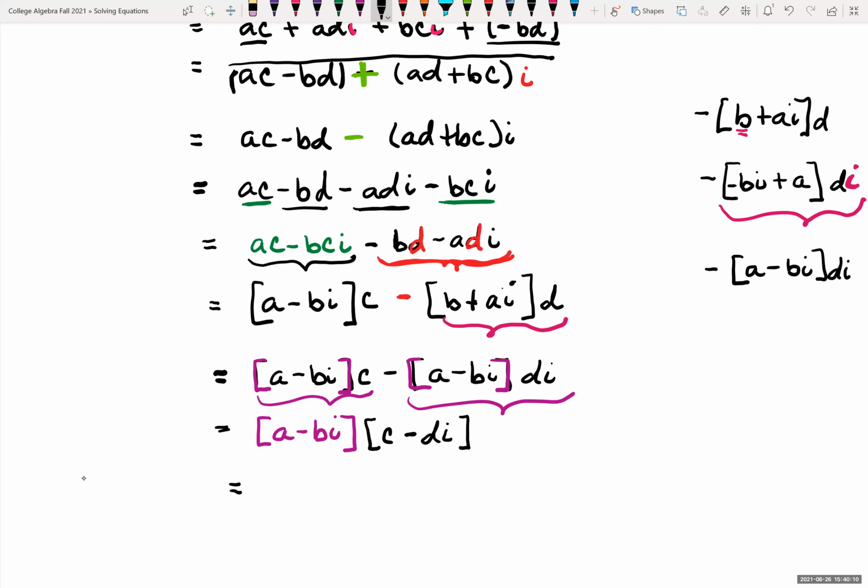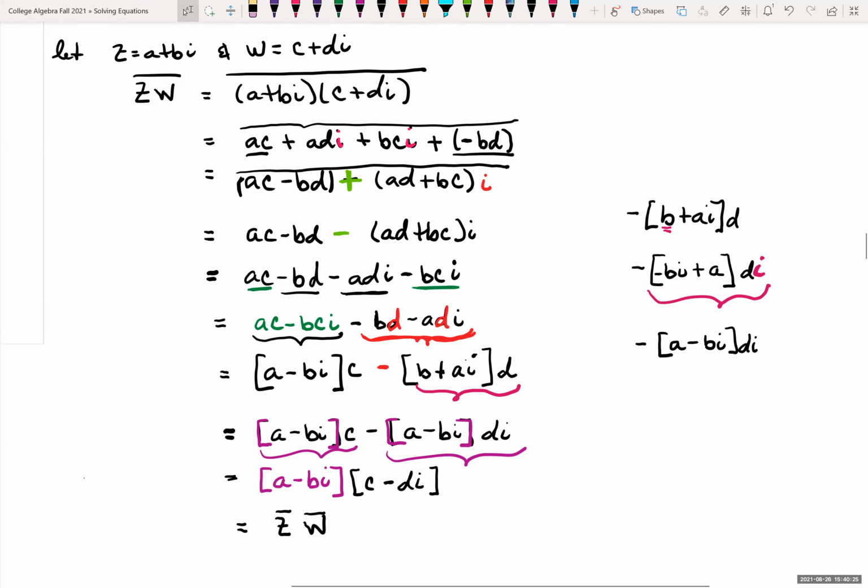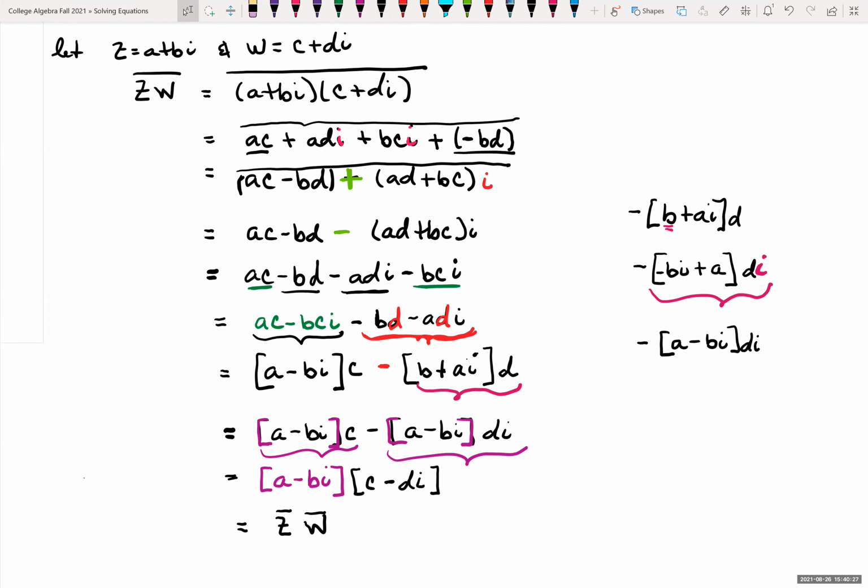So we're going to rewrite that as z bar. And c minus di, that's just the conjugate of w. So times the conjugate of w, which is what we were trying to show. So that one was a little more difficult in the fact that I had to manipulate it, looking at what I was trying to get a result of to fall out like that.